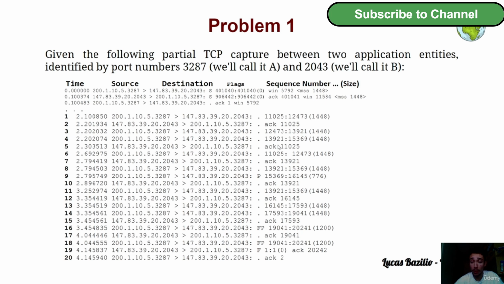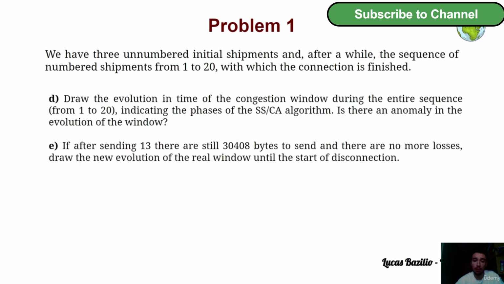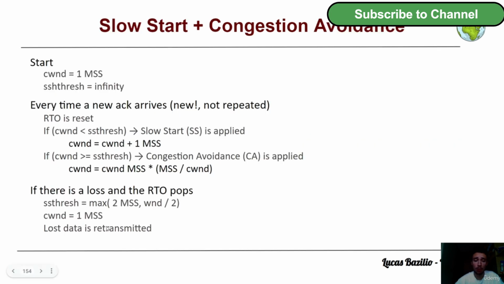So whenever we have a retransmission, following the slow start and congestion avoidance algorithm, remember that what we do is we set the congestion window to be 1 maximum segment size. This is what we already studied in the lecture on the slow start and congestion avoidance algorithm, which combines two mechanisms.